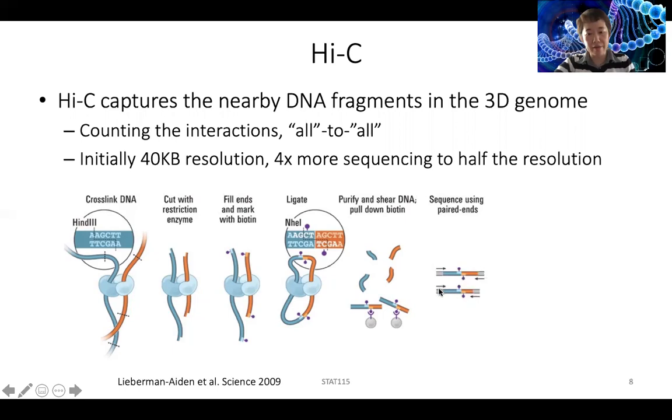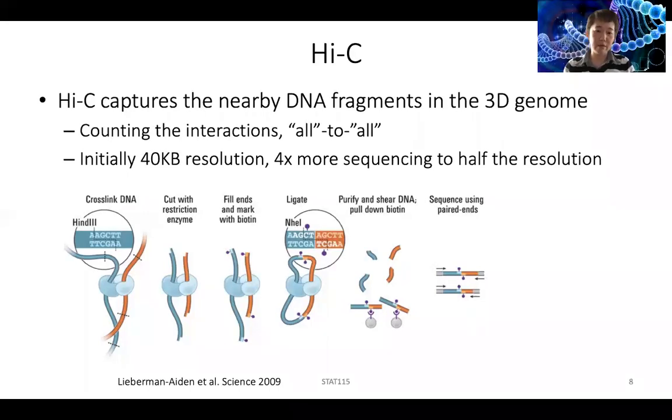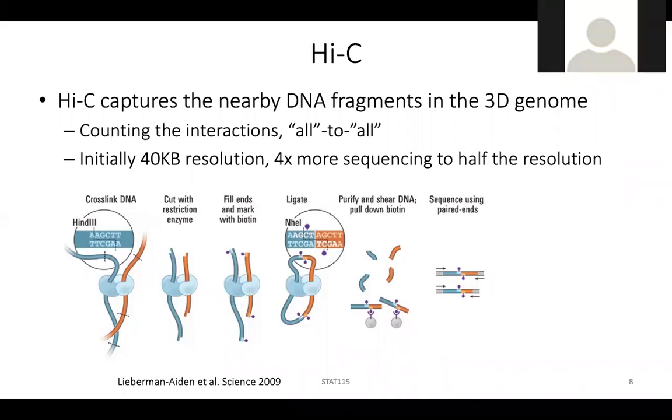You only know roughly this left chunk is interacting with that right chunk. Oh, okay. But you don't know where the actual interaction is, like where the DNA was actually touching. That's right. So the resolution is limited by your sequencing depth. It also is limited by the specific restriction enzyme you have. That's why even the best contact map only has 5 to 10 kb resolution. Early days is like 40 kb resolution.